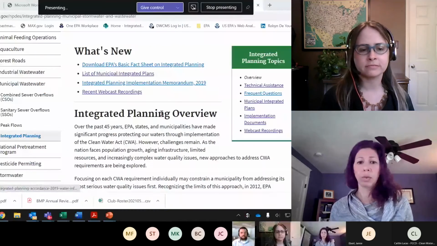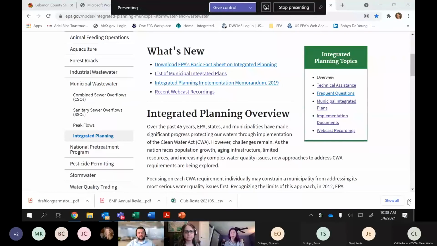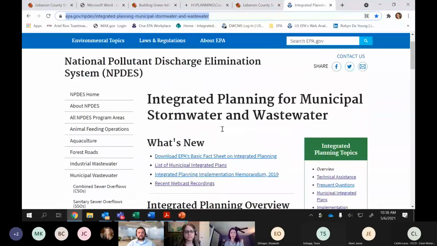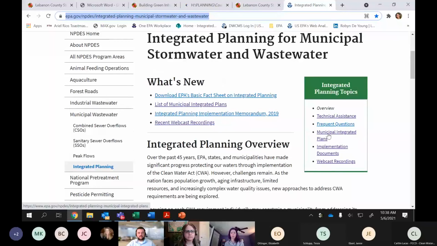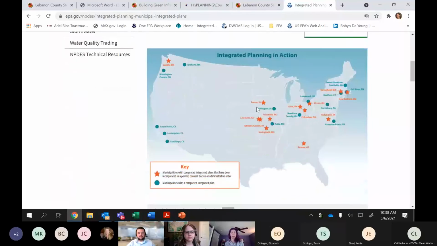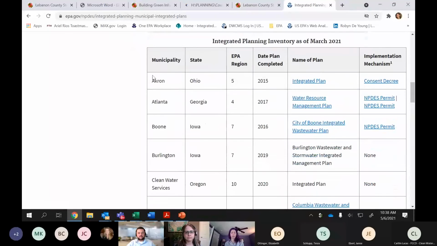Jason, why don't I just share my screen really quickly. So this is the web page, and if you go on the right hand side to Municipal Integrated Plans, you will see the same map and then a list of all of the plans.